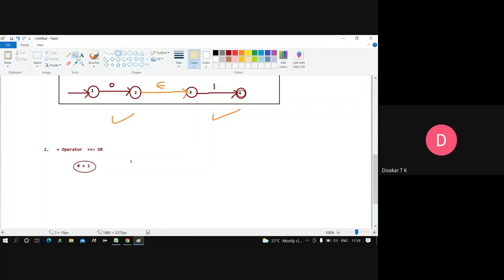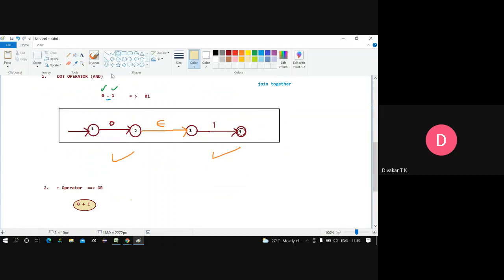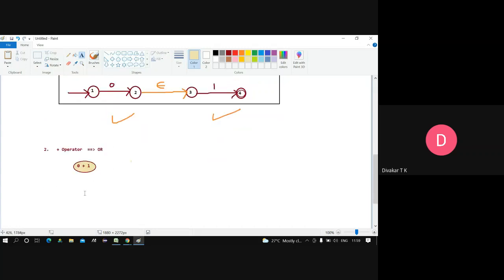Okay, so this is what you are supposed to understand in a beautiful way, guys. 0 1, dot, this is what, plus. This is how you are supposed to understand it. So now, how to make this plus operator here?